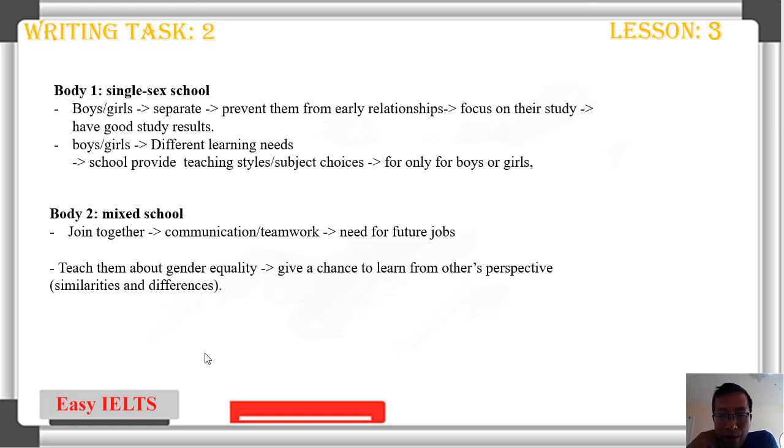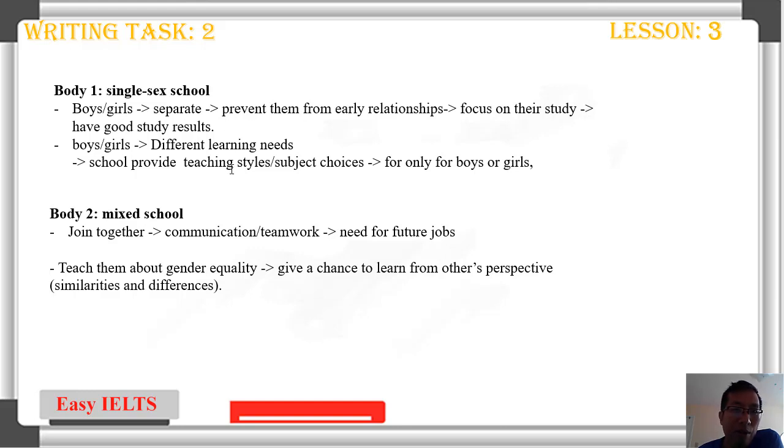Okay, so now we go into the layout, Body 1, Body 2. In Body 1, we talk about the benefits of a single-sex school. In Body 2, we talk about the benefits of a mixed school. For single-sex school, boys and girls learn separately, which prevents early relationships so that they focus on their study and have good study results.